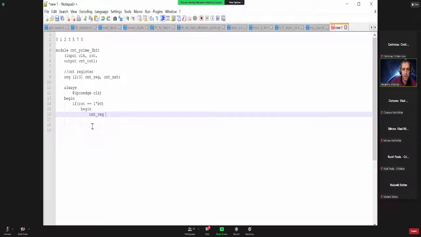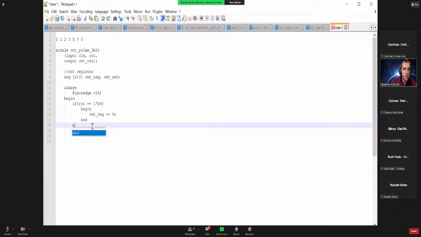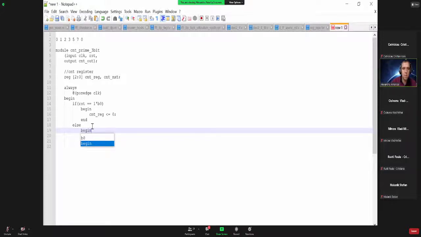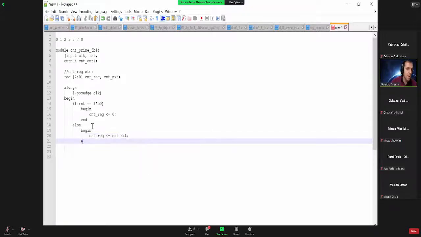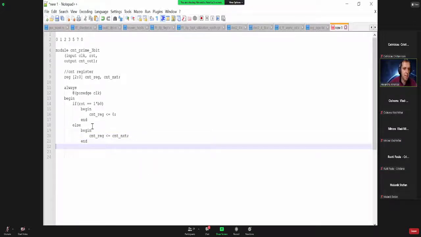So count reg equals to 0, and as count reg equals to count next, and this is actually the sequential part.